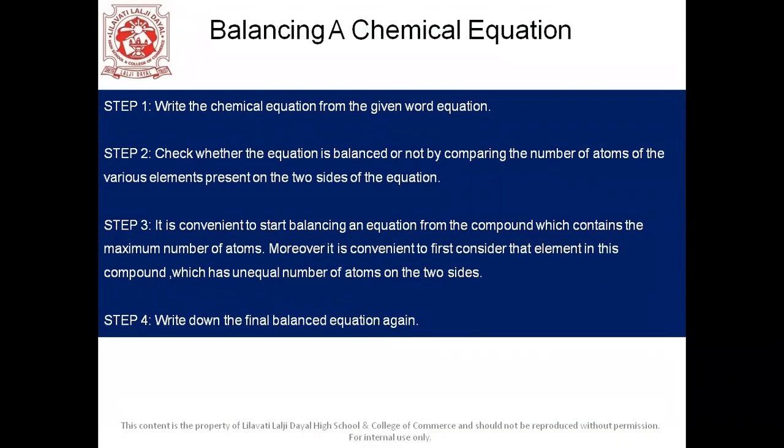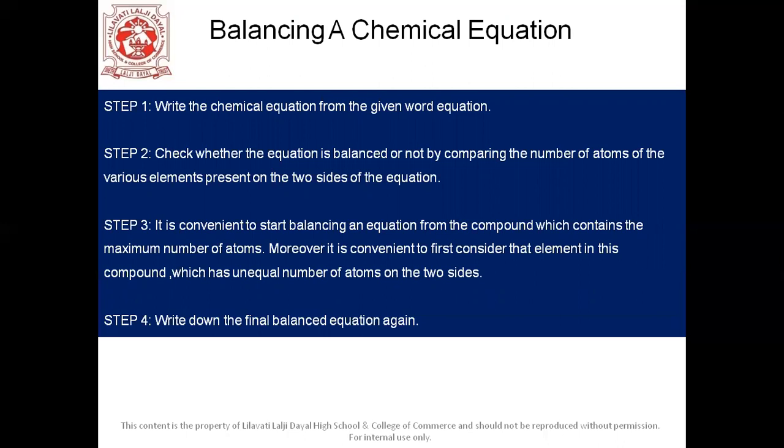Here now we are going to learn about balancing a chemical equation. Students, there are certain steps which we need to follow to balance a chemical reaction. First, write the chemical equation from the given word equation. Second step, check whether the equation is balanced or not by comparing the number of atoms of the various elements present on the two sides of the equation.